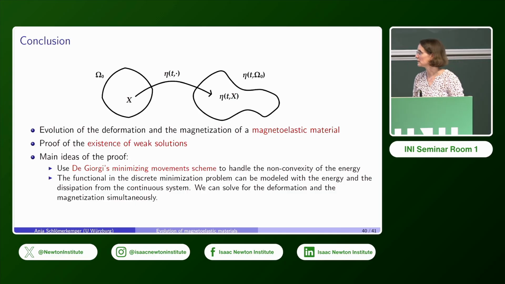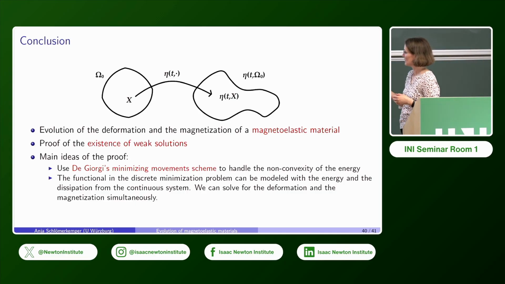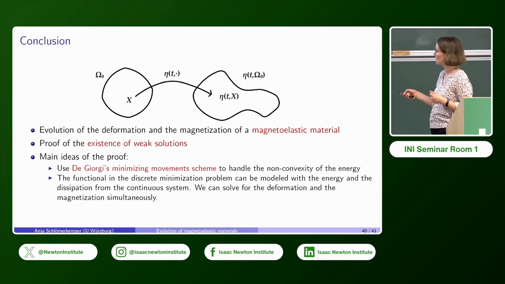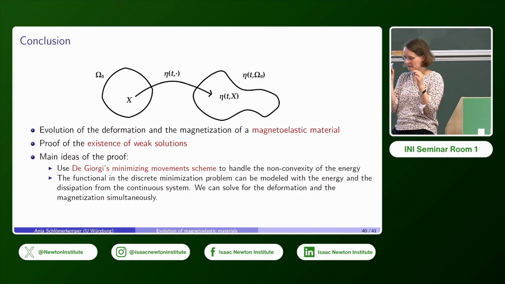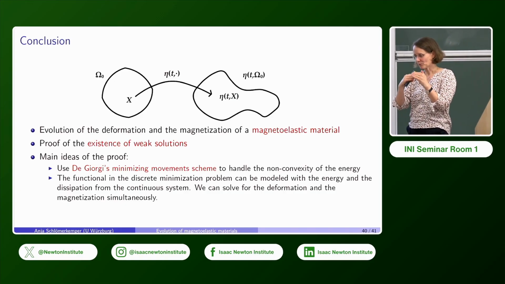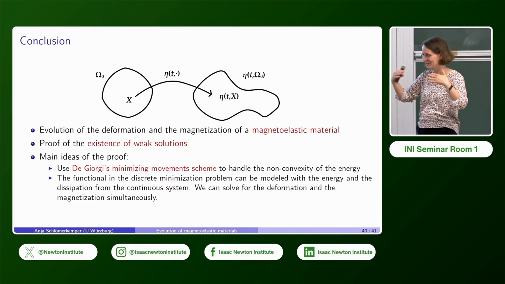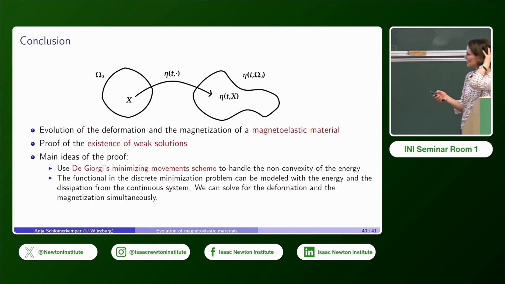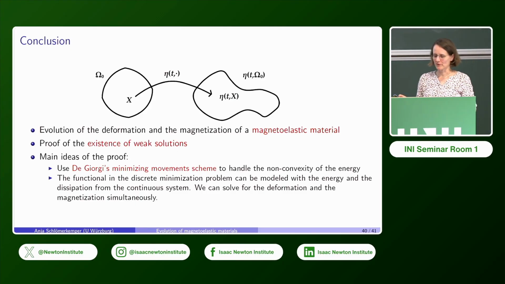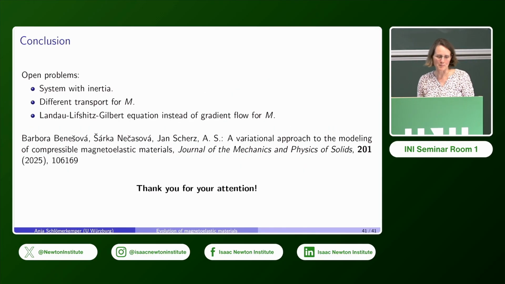The discrete minimization problem can be modeled with the energy and the dissipation from the continuous system by doing that ansatz that I showed you. And importantly, we can derive the equations of motion and the magnetic force balance from the same energy and dissipation functions, and therefore we can solve for the deformation and the magnetization simultaneously.